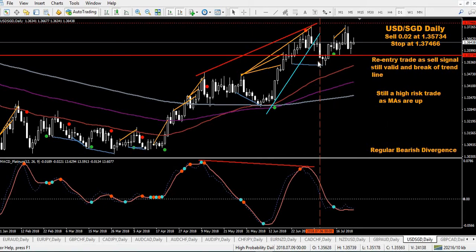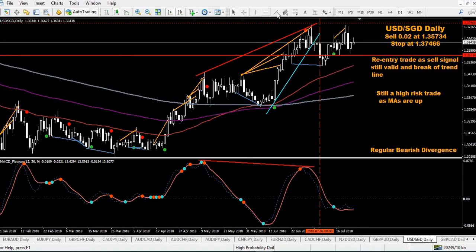USD Singapore dollar, in a sell here, went against me, blue dot, green dot on, and bullish JAGfx RD. I didn't take the buy because to me price didn't come back towards the MAs anywhere near far enough, and it wasn't a decent pullback. Price has gone up.